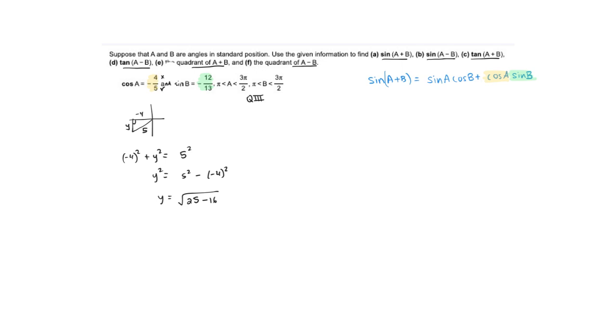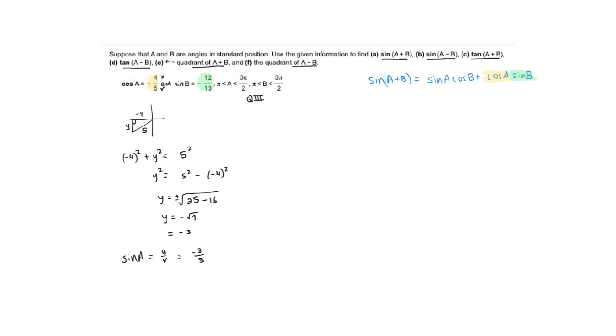And it would be plus or minus the square root. In quadrant 3, the y value there is negative. So that would be the negative square root of 9, which is negative 3. So that's useful because the sine of a, sine is y over r, so that would be negative 3 over 5.